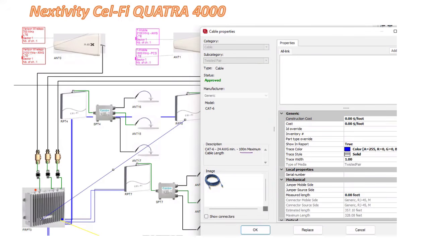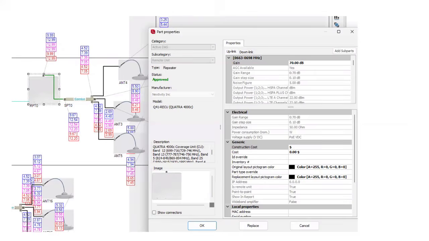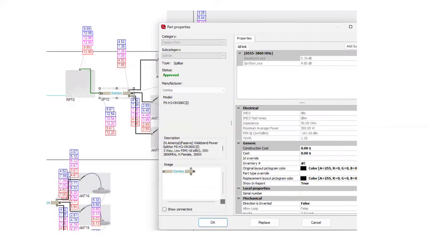This is Cat6 cable, or you can say twisted cable, and it can be a maximum of 100 meters. And with the help of this Quatra 4000, we can extend the range as well. So suppose the power coming out from the repeater is like 12.99, right? And then power from the repeater is fed to this 3-way splitter, right?